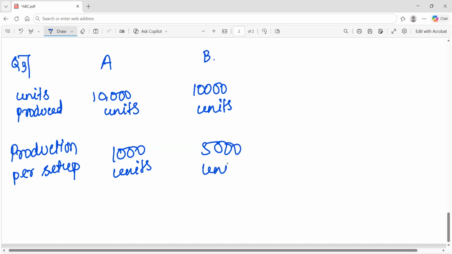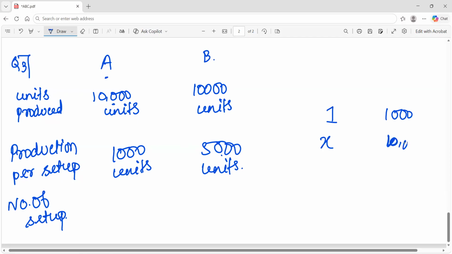So what does it mean? Production per setup, it is nothing but we set up our machines for production and we produce 1,000 units of product A. When we set up our machines for production, we produce 5,000 units of product B. So what is the number of setup that is required? So in one setup, we are producing 1,000 units of A. Then how many setups is required totally to produce 10,000 units of A?